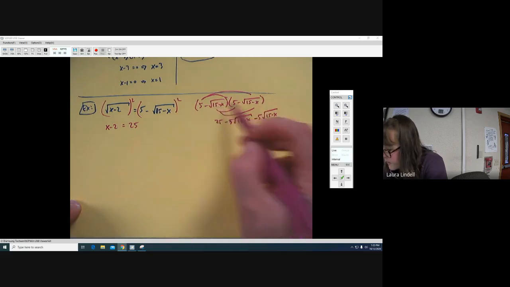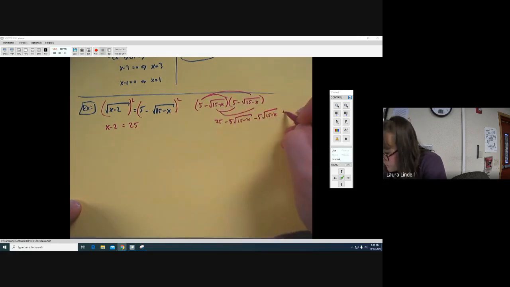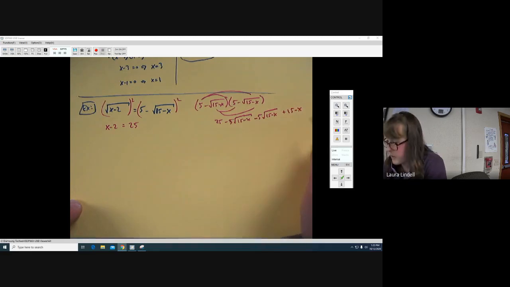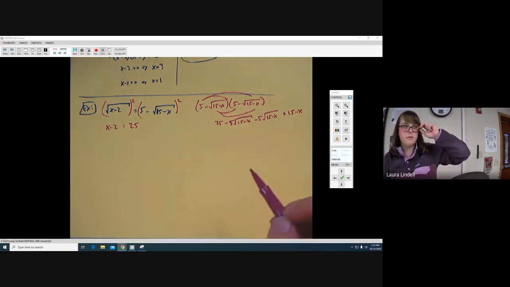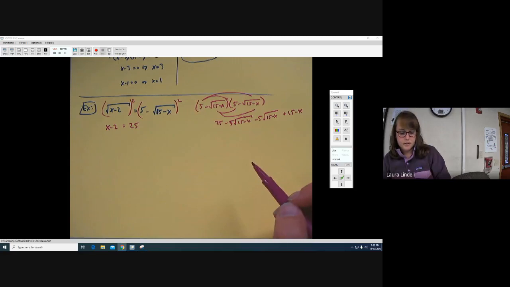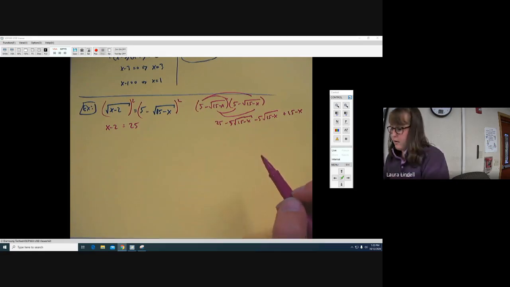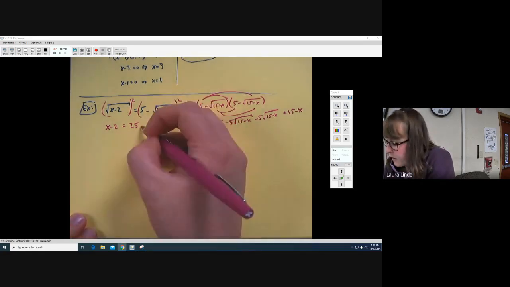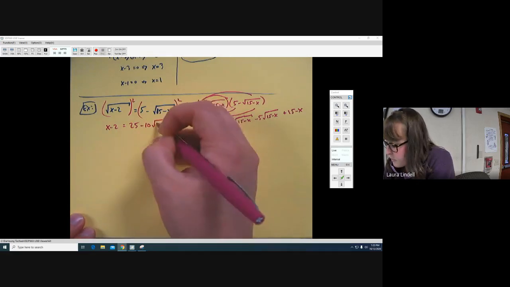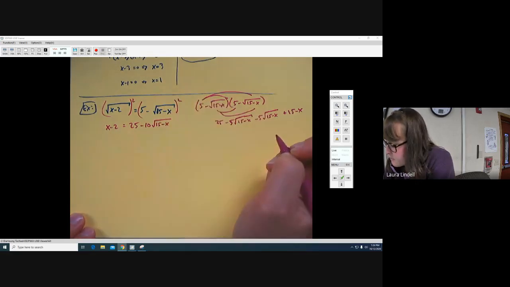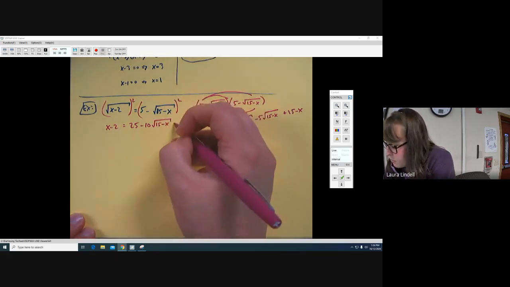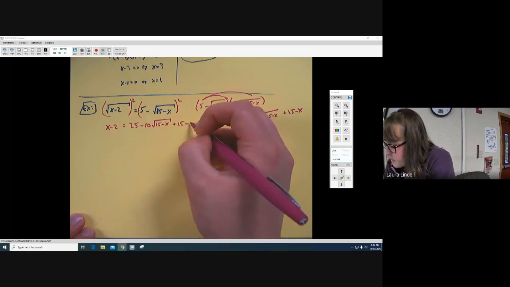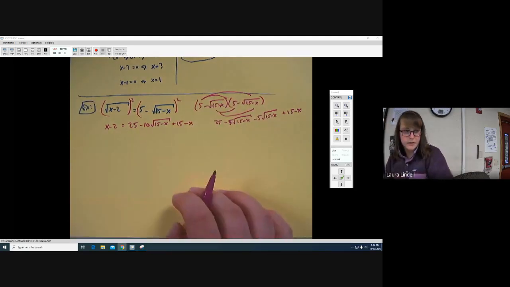And then this thing times itself would just be plus 15 minus x, because it's a square root times a square root. So what we end up with is 25 minus 10 root 15 minus x plus 15 minus x.